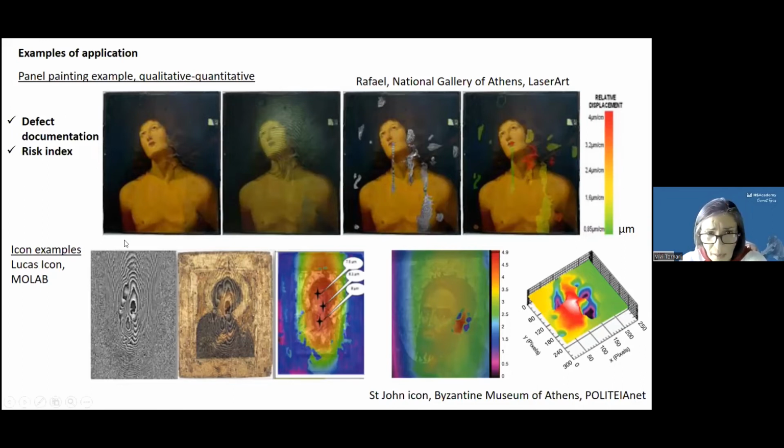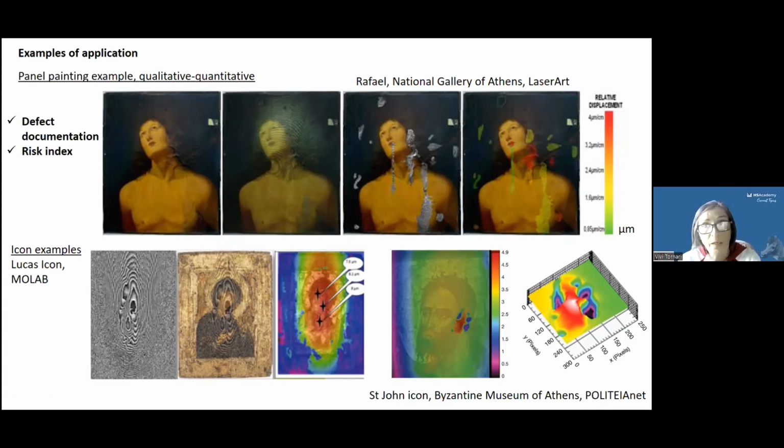This is another example from the Lucas icon, and this is another example from a Byzantine Museum icon, and how we can process the fringe patterns in order to get the exact information about the internal subsurface defects which impact the surface. What we see is the impact on the surface.